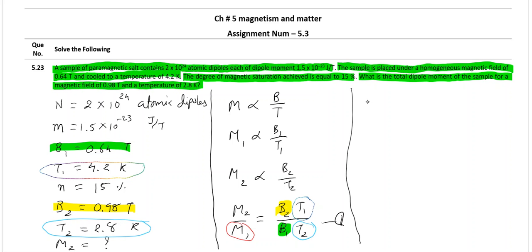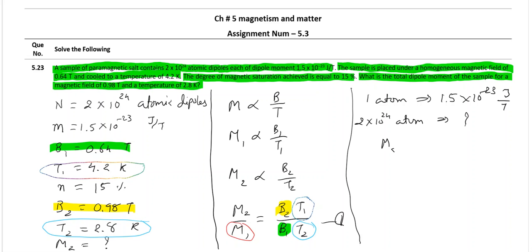So I can say that for one atom, the dipole moment is 1.5 × 10^-23 joule per Tesla. Then for 2 × 10^24 atoms or atomic dipoles, how much is the magnetization?